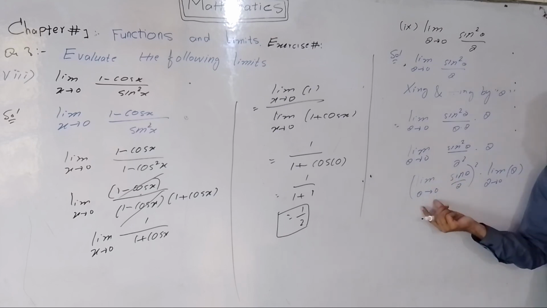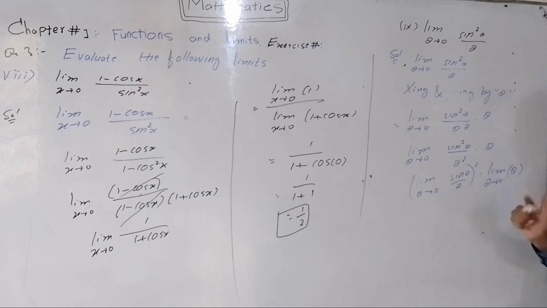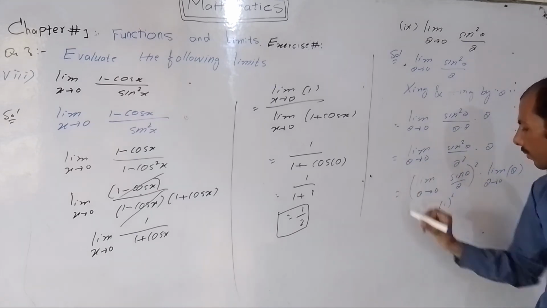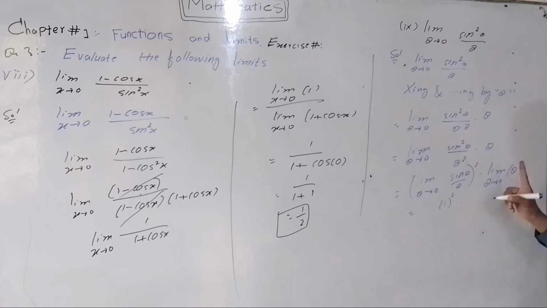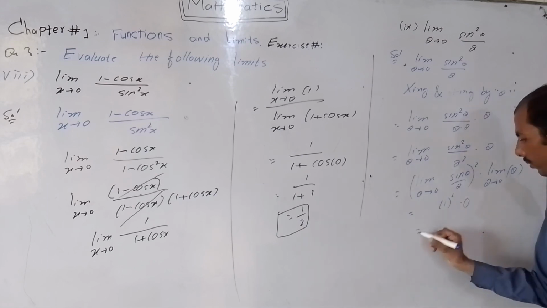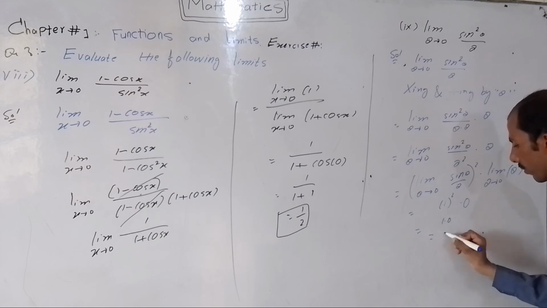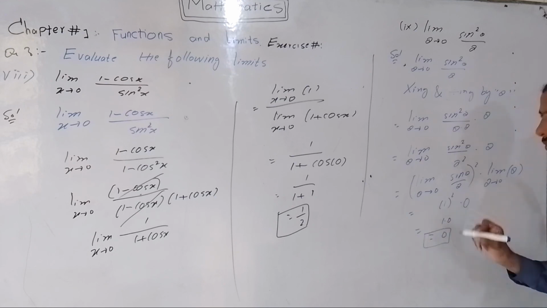Limit theta approaches 0 of sine theta over theta is equal to 1, whole square, dot limit theta approaches 0 of theta. Theta approaches 0, so it is equal to 1 dot 0 is equal to 0, which is the required solution.